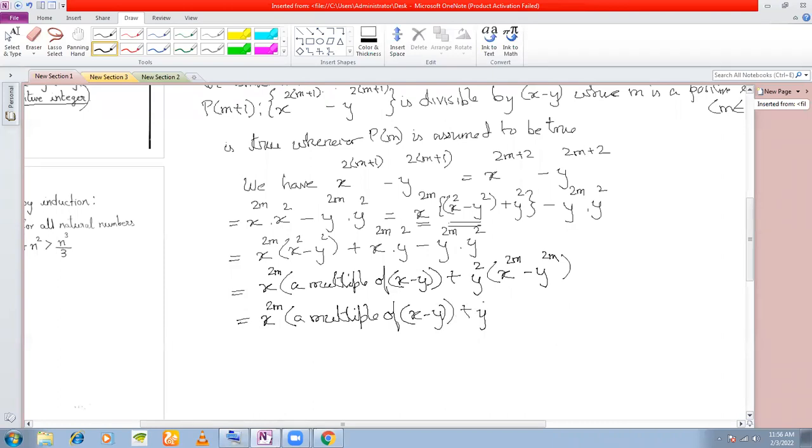So I have x to the power of 2m into a multiple of x minus y plus, and because we have assumed Pm to be true, x to the power of 2m minus y to the power of 2m, we have assumed this to be a multiple of x minus y. And the sum of the two multiples of x minus y must be a multiple of x minus y.